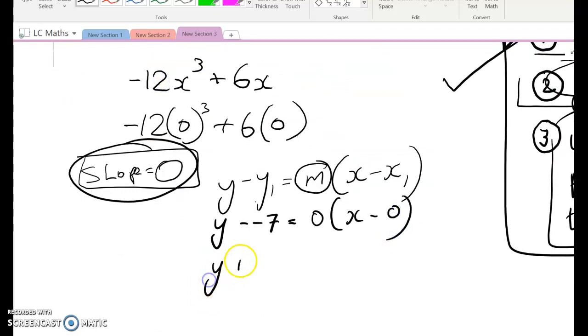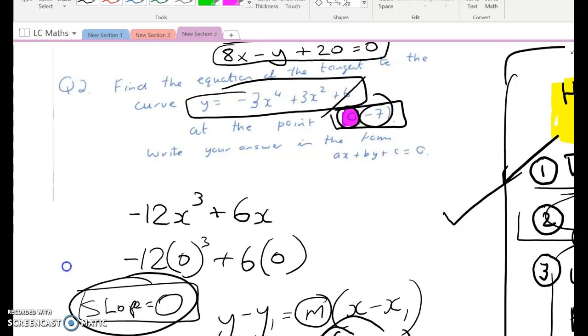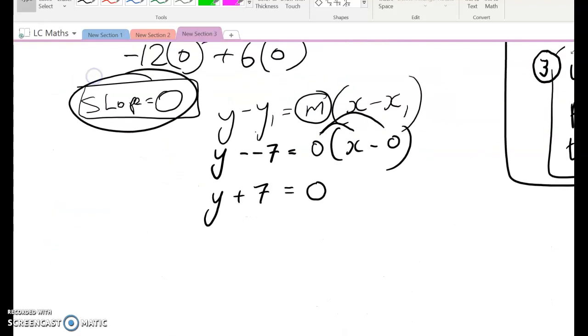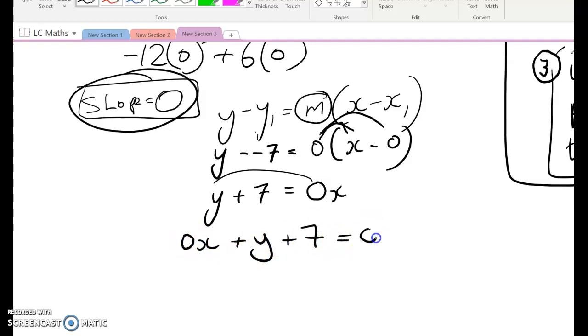So that's going to be y plus 7 equals 0. And they want us to write it in that form. Fair enough. Well, we better say 0x then. So bring it over, it'll be 0x plus y plus 7 equals 0.